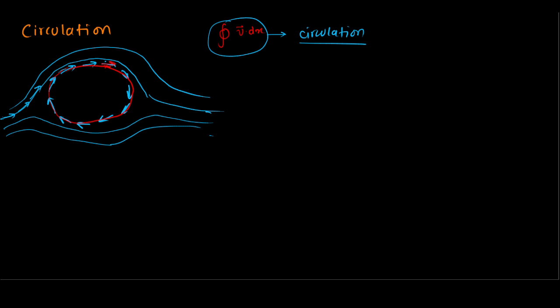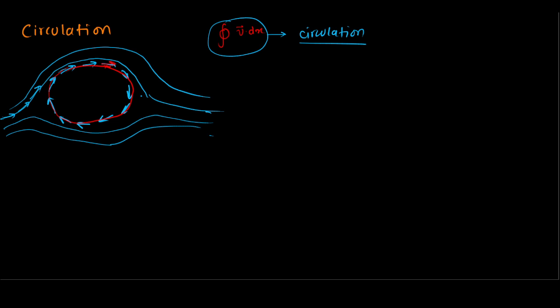That value is denoted by circulation. If the circulation is 0, the particle won't go in a circle. If it is positive, it will go anti-clockwise. If it is negative, it will go in the clockwise direction. So that is the idea of circulation.